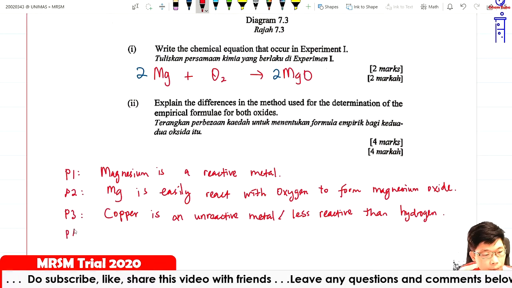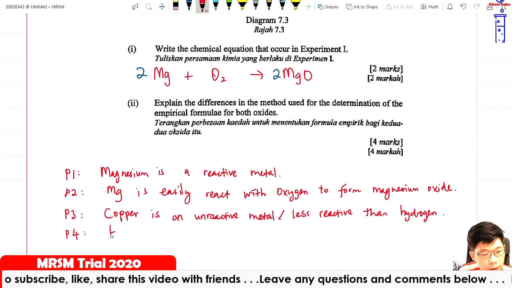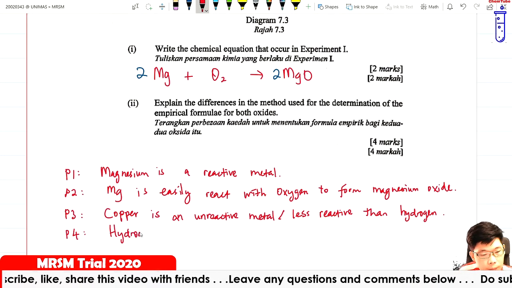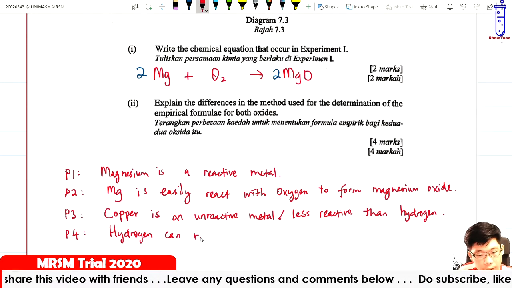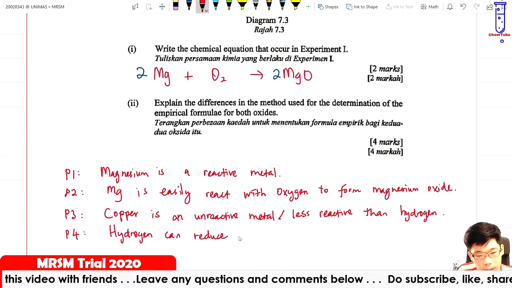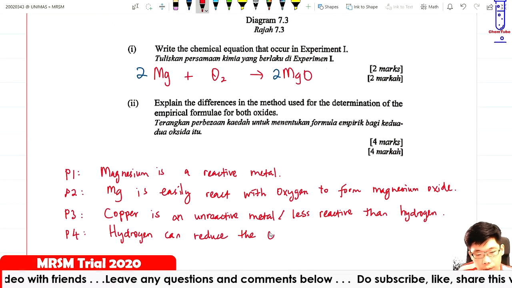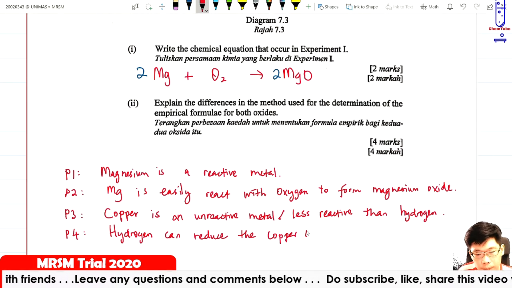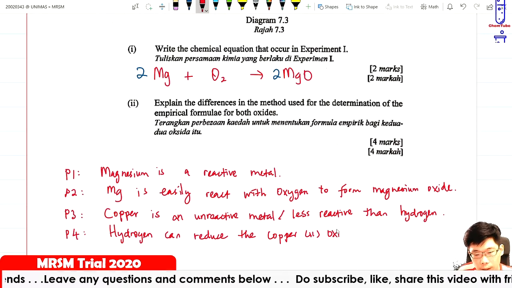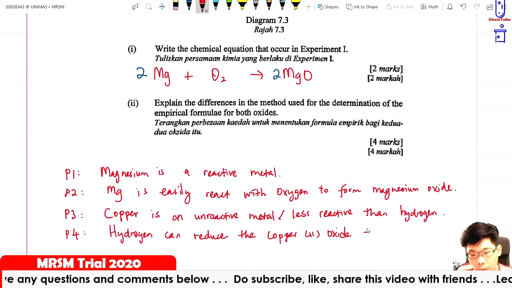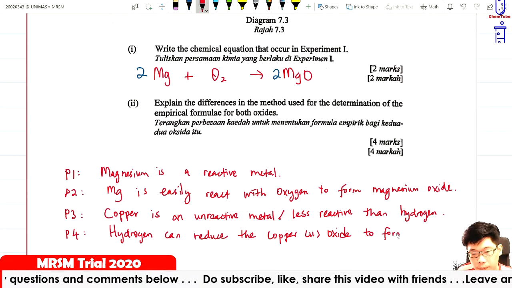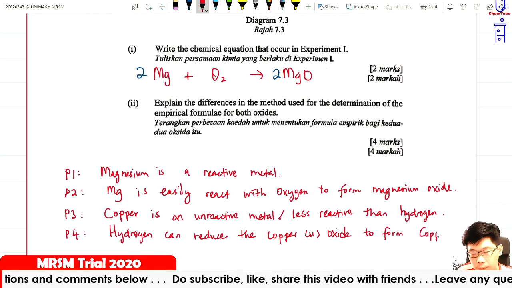So point number 4, hydrogen can reduce the copper 2 oxide to form copper.